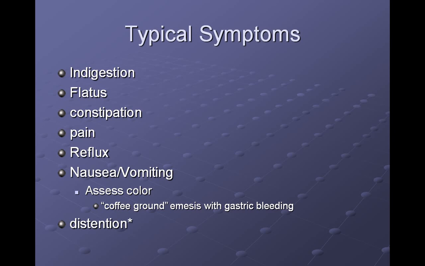The person may have distension if they are not digesting the foods properly, and you want to assess the abdominal girth by putting a tape measure around it, and you also want to make sure that you palpate the abdomen and listen to the bowel sounds.